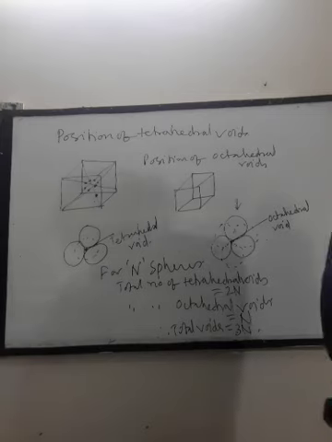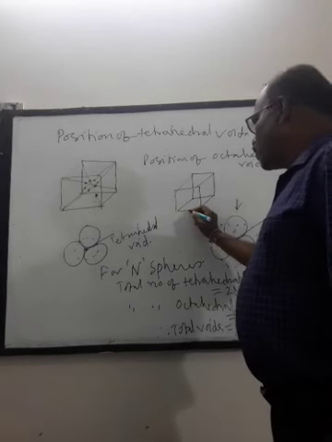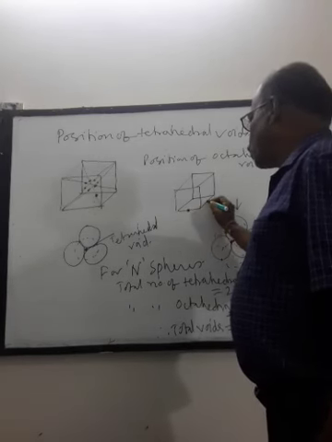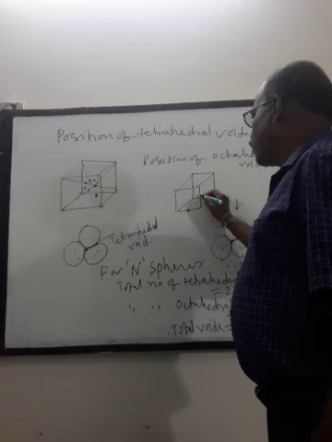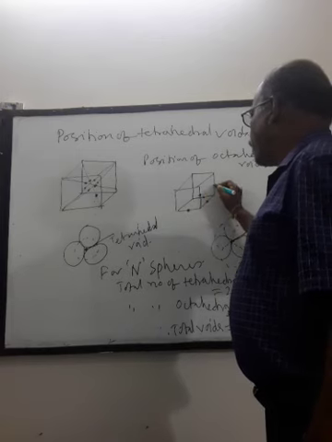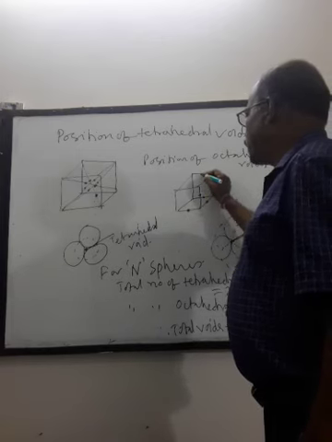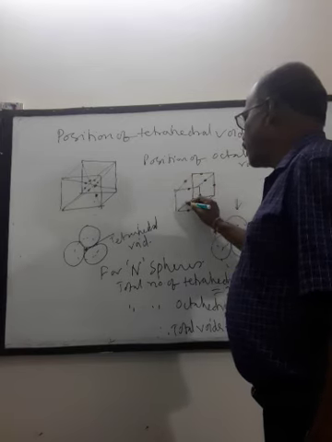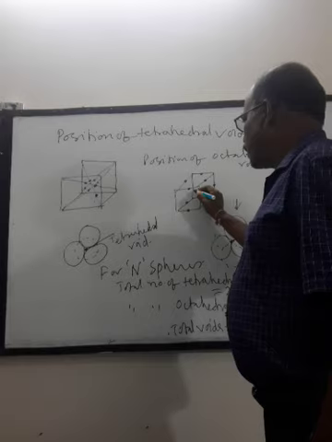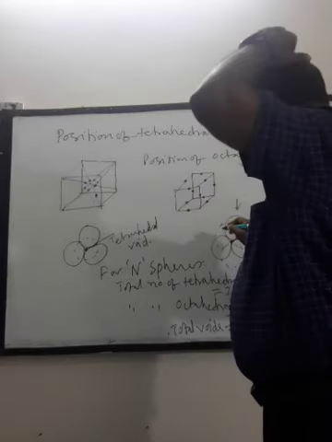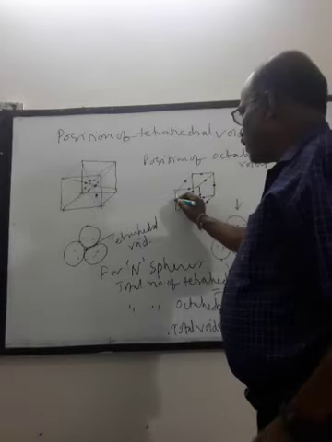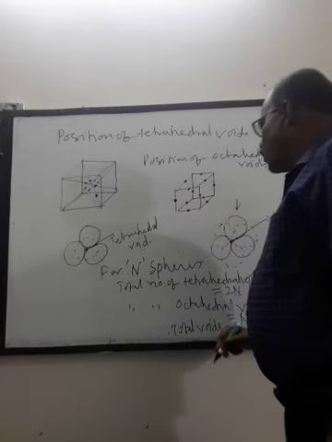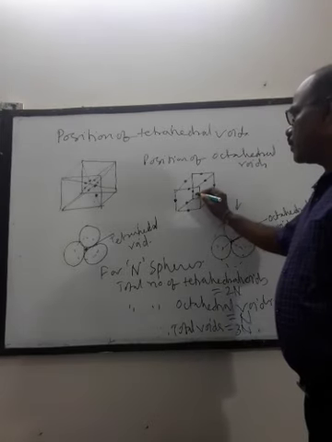Actually there are 12 edges and each edge contains one octahedral void. So this is 1, 2, 3, 4, 5, 6, 7, 8, 9, 10, 11 and 12, and one at the body center.